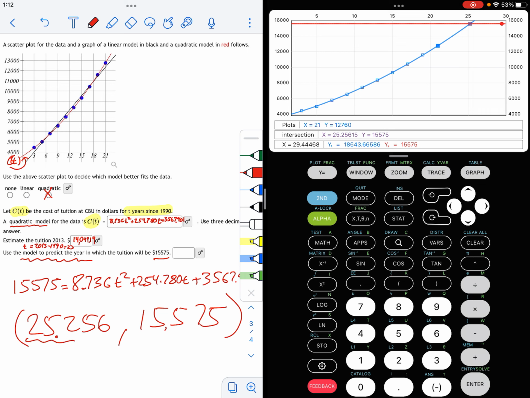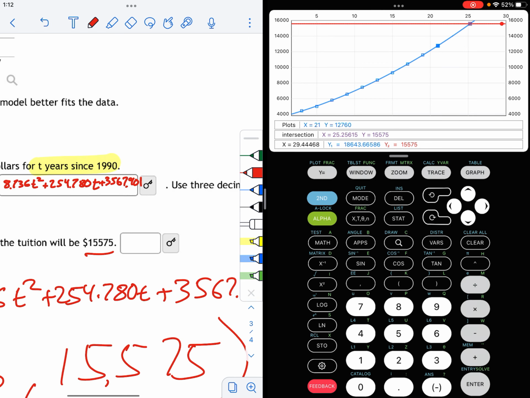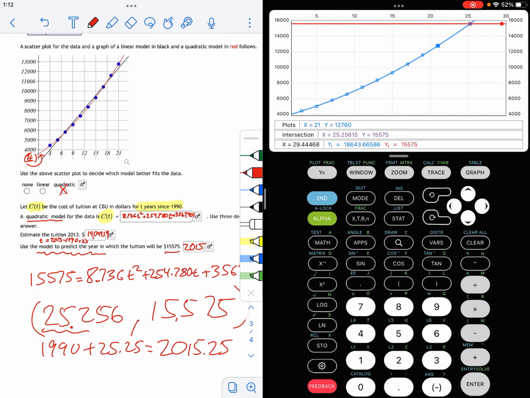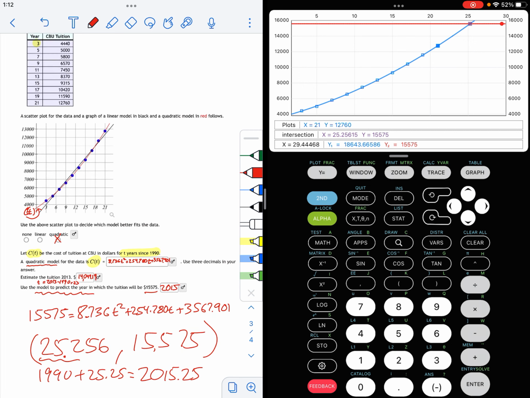So this is in 25 years, and we add that to 1990 plus 25.25, which gives the year 2015.25. So in the year 2015, the tuition will hit that price.